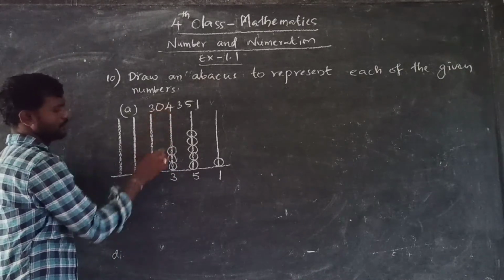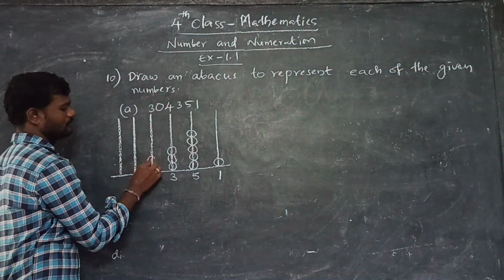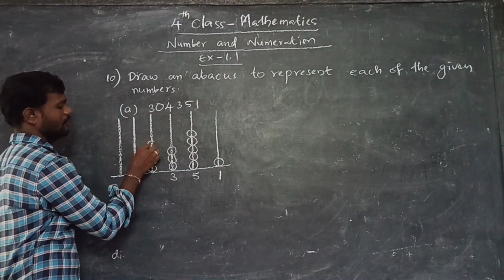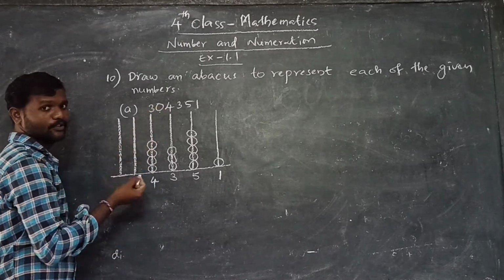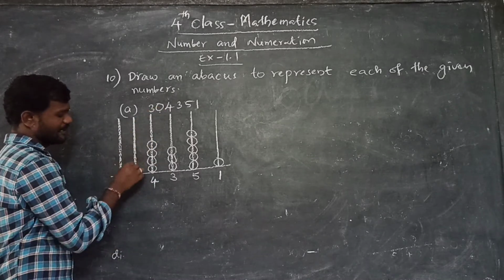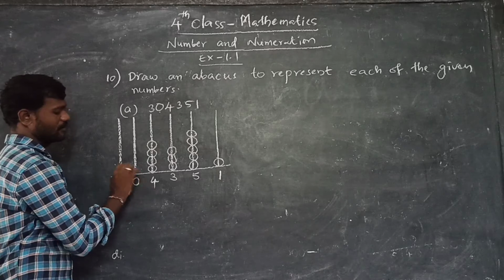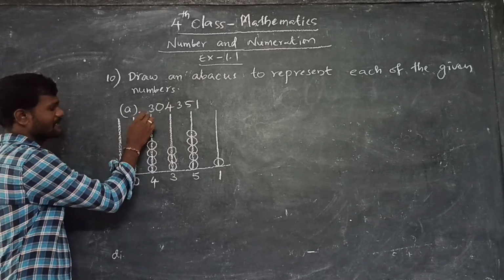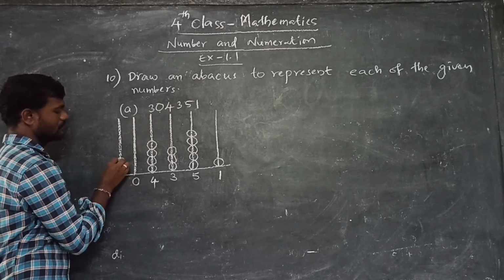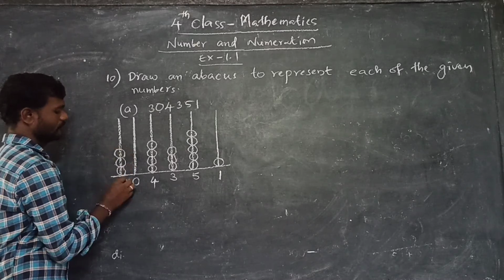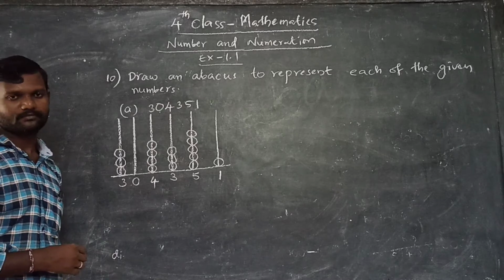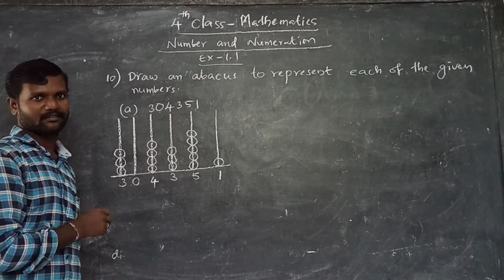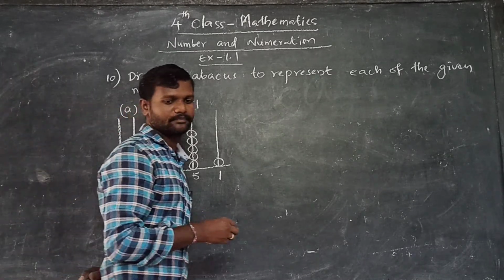Next one 4. 1, 2, 3, 4. Next one 0. 0 means no need to draw any circle here. So write 0 directly. Next 3. 3 means 1, 2, 3. So this is the abacus representation for the given number. Okay, it is easy to write. Next, second one, B.